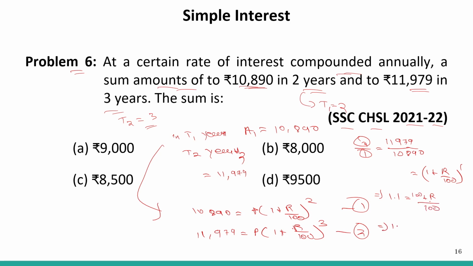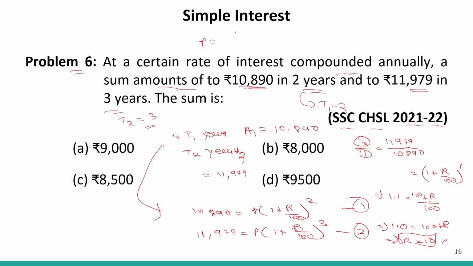So 110 is equal to 100 plus R. This implies that R is equal to 10. So now we can evaluate that the interest rate is 10% annually. So P will be equal to 9,000.